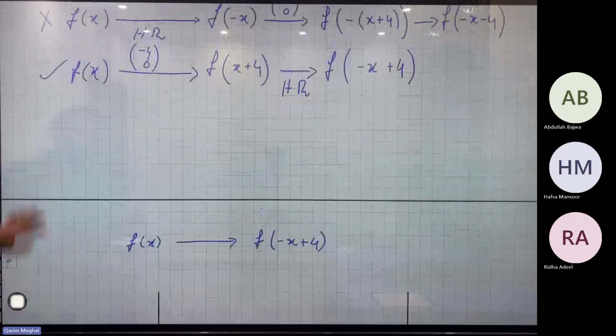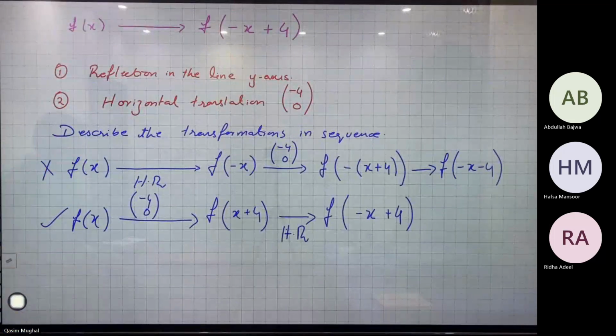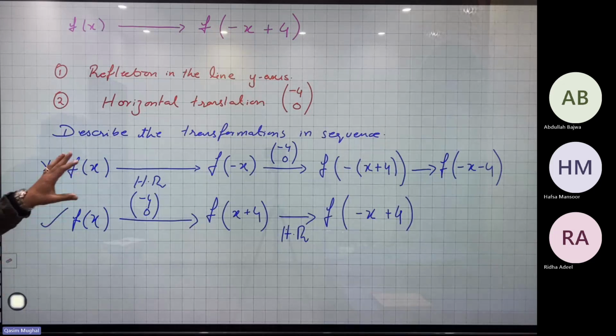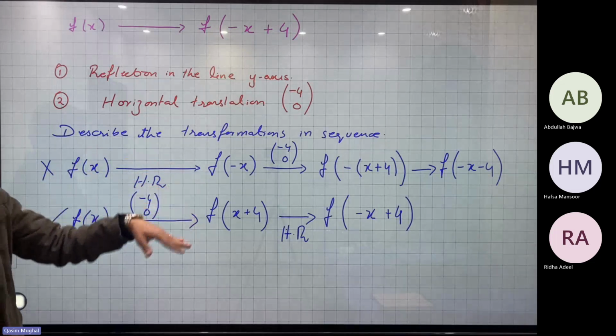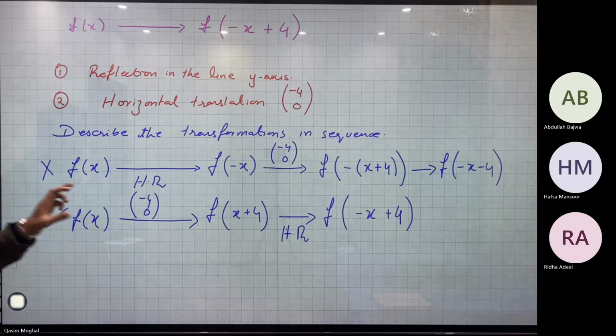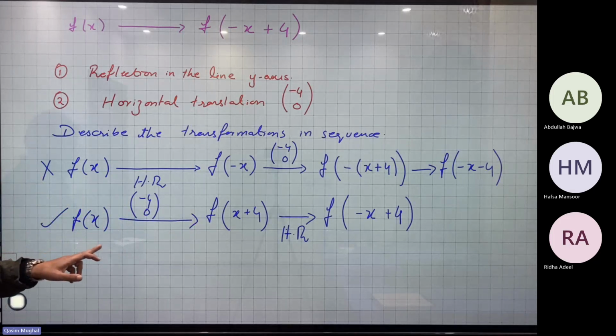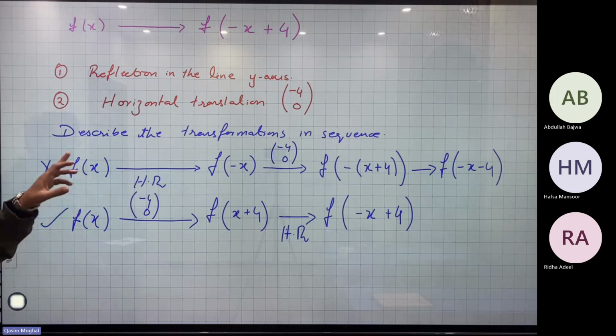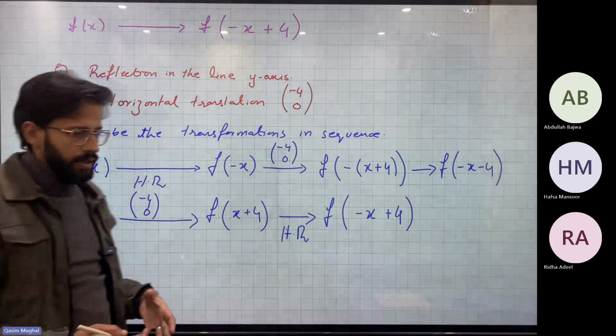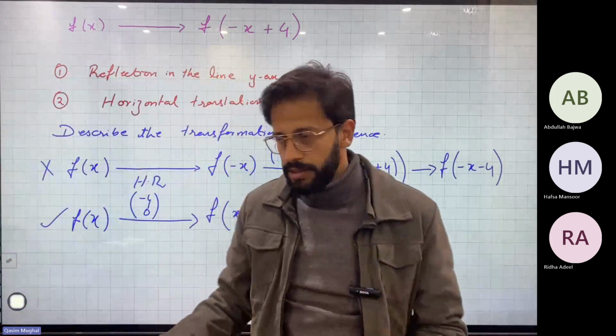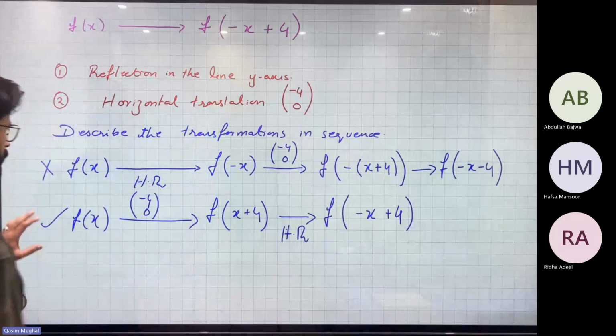The first one was, let's do the first one and see how it is wrong. We'll see that first of all, it actually matters. Here we have checked which one is correct. The second one is correct. Now, in order to explain the point that actually the sequence matters, let's do it on the graph.